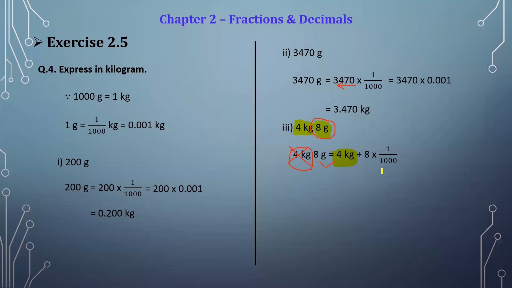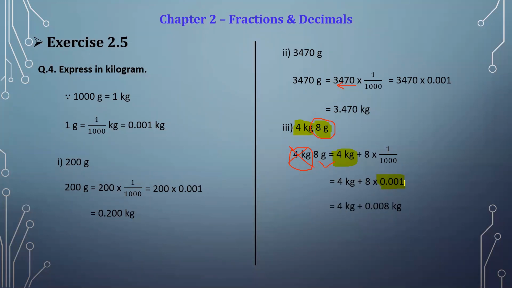So 8 into 1 upon 1000, or again the second method you can use. Instead of 1 upon 1000, you can also use 0.001. Here this second method is easier because the whole number is only a single digit. You know that 8 into 1 is 8, so you get the answer 0.008 kilogram.